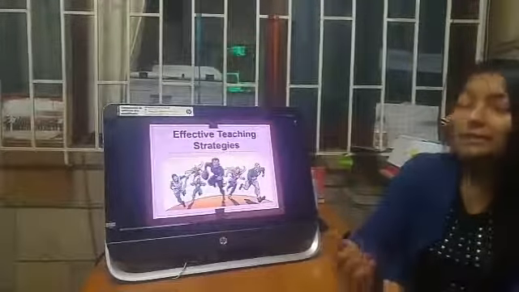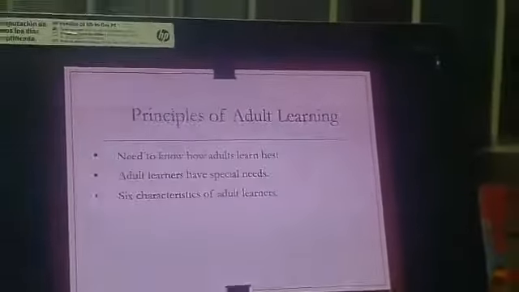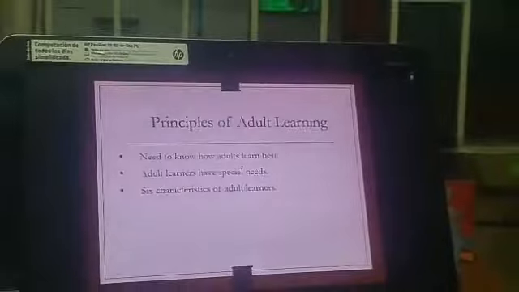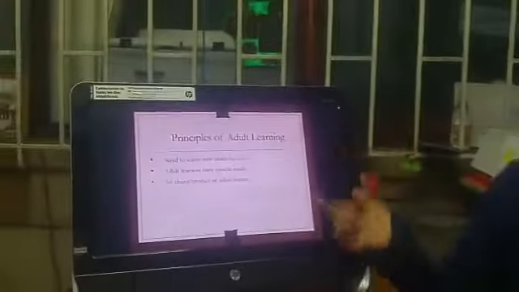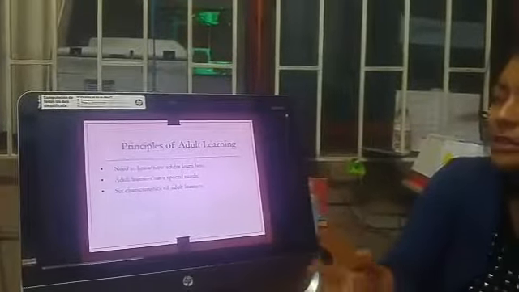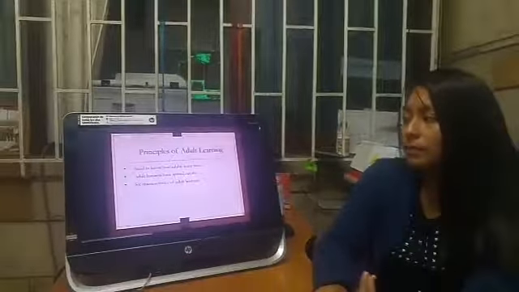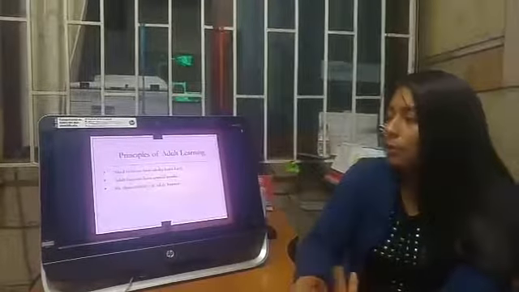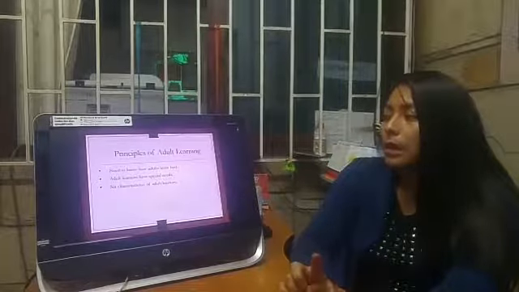What are effective teaching strategies? Okay, the effective strategies of teaching are the principles of adult learning. The principle is the need to know how adults learn best, and adult learners have special needs.